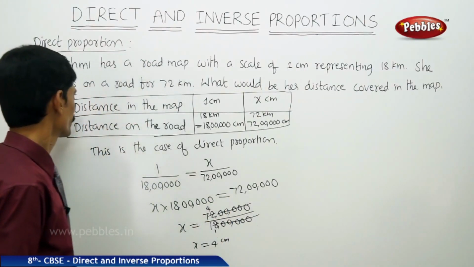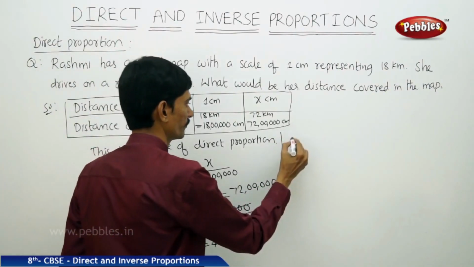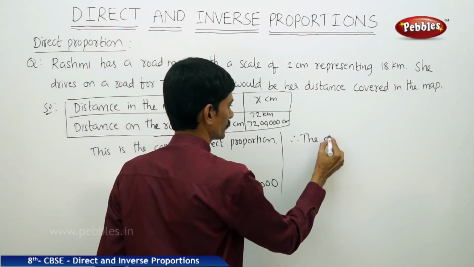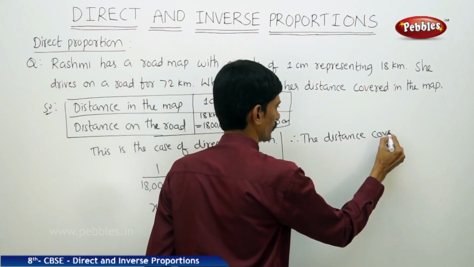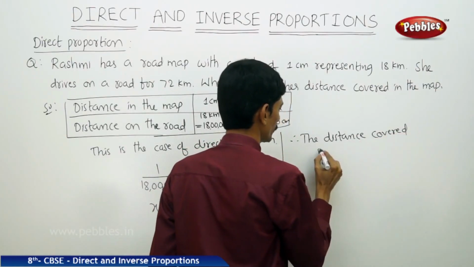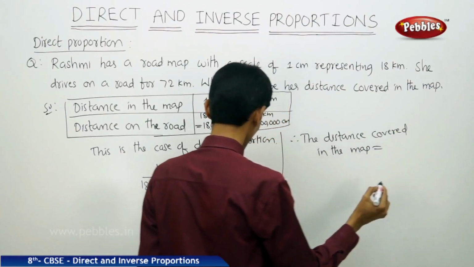x means the distance covered in the map. So therefore the distance covered in the map equals 4 centimeters.